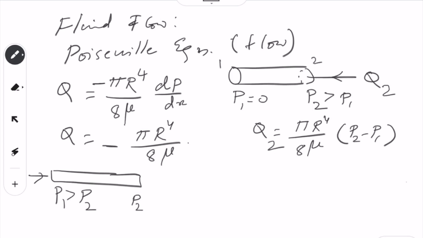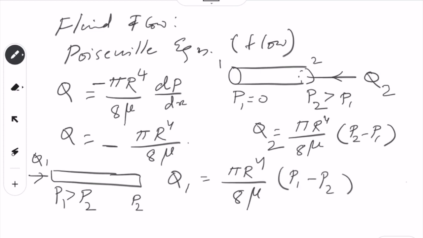Here we will write Q1. Using this Poiseuille equation, we can write Q1 is equal to pi R to the power 4 divided by 8 mu, and then we will have P1 minus P2. So we got both the equations.